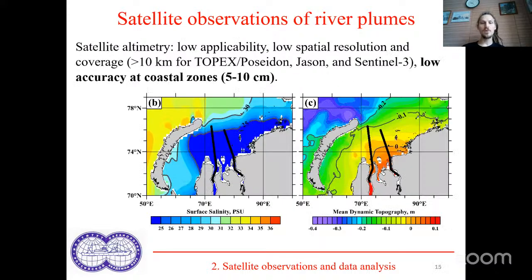Finally, we can speak about satellite altimetry, which is widely used in ocean science, but it has low spatial resolution, and it can be used only for large plumes. There are also some problems with the usage of satellite altimetry because of low accuracy and because of wind.